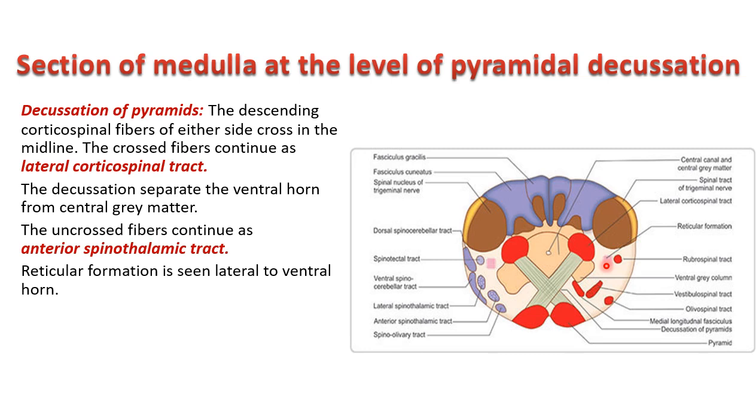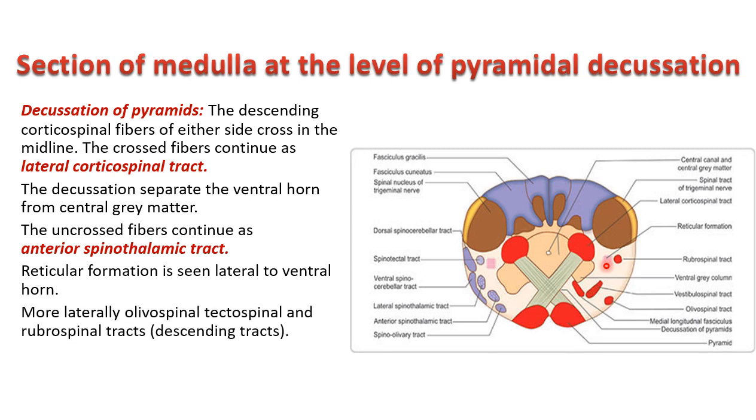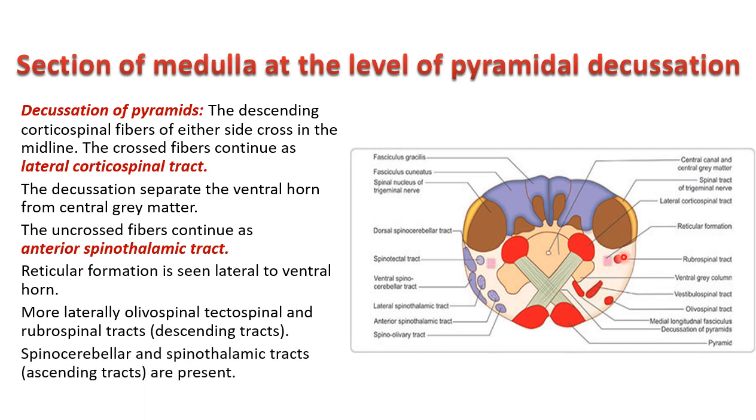I just described the function of the medial and lateral reticular nucleus, and then more laterally you see your olivospinal, vestibulospinal and rubrospinal tracts. More laterally, they occupy the same position as in the spinal cord, so there is not much change.